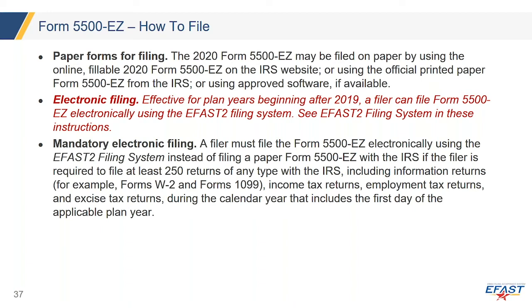Everybody knows that Form 5500 and 5500-SF are required to be filed electronically, with no paper option. But the 5500-EZ has the paper option because there is a different e-filing requirement under IRS regulation.